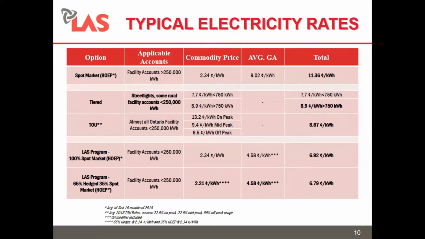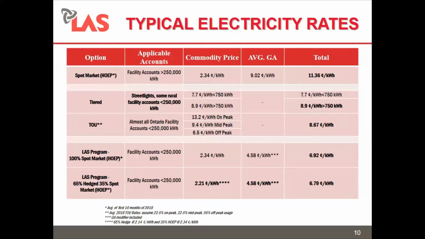And for the TOU rate, based on 22.5% on peak, 22.5% on mid peak and 55.5% on off peak, the overall average price for the TOU customer will be 8.67 cents. So if you switch to LAS for the retail billing contract, let's say you don't hedge any portion of your consumption, you're billing just on spot market, paying HOEP plus GA, and then you will get that GA modifier credit.